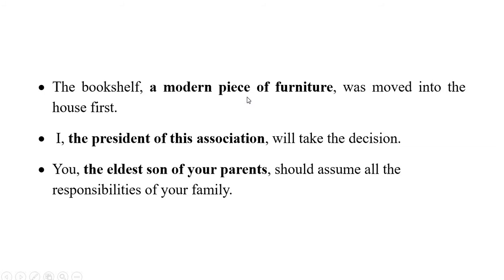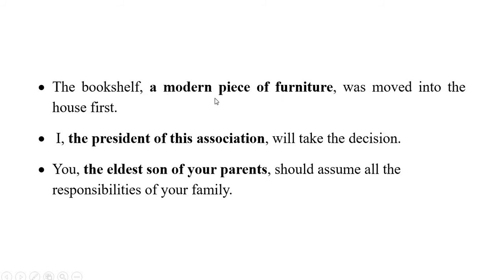An appositive is an addition. It goes side by side with the noun here, the bookshelf. It means you are explaining the bookshelf, giving a description of the bookshelf. What is the bookshelf? It's like in a dictionary. You go in your dictionary and you find the definition of the bookshelf. The bookshelf is a modern piece of furniture, right?